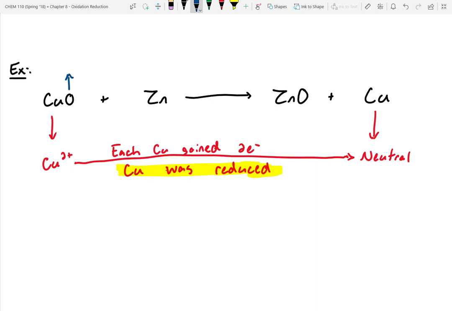We'll try oxygen here. Oxygen's not by itself, so we treat it as ionic. What would the charge be for oxygen? Negative what? 2. So 2 negative. We've got oxygen over here, we're treating it as ionic. What would the charge be?